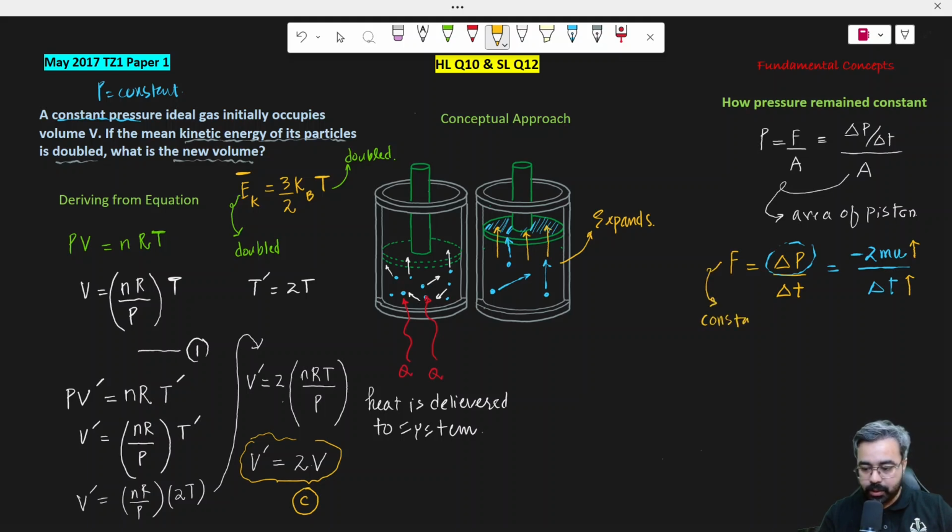So I hope you understand the logic: the pressure is constant because the force is constant, and the force is constant because the momentum change and the time the particles took to approach each other changed by the same amount, so that their ratio remained constant. Okay, so this is why the pressure is constant. So it means that the volume will increase. And mathematically we have proved that this should be 2V.